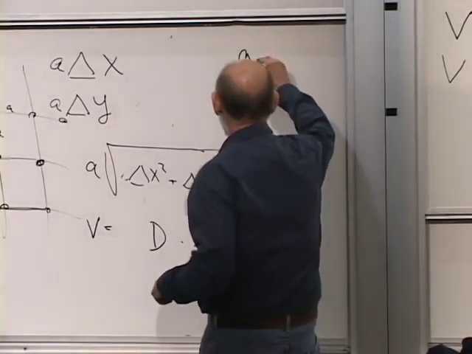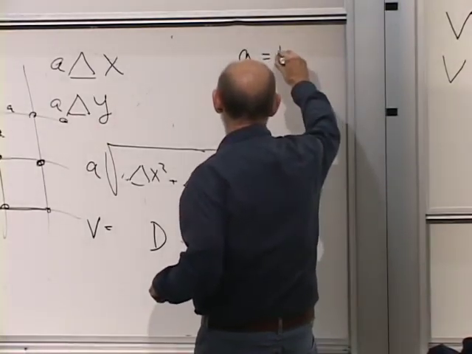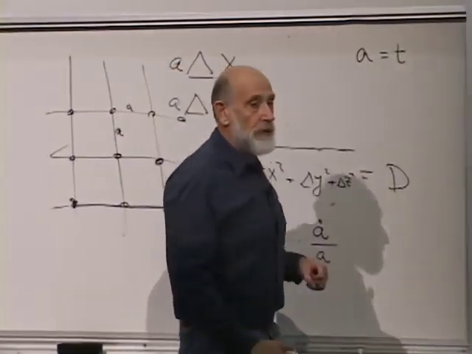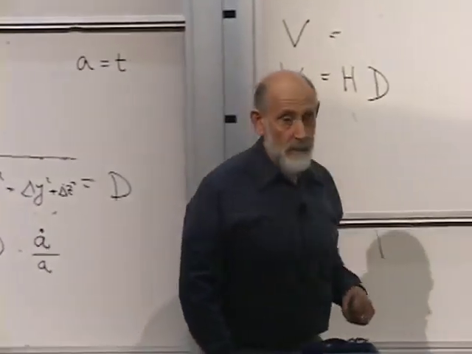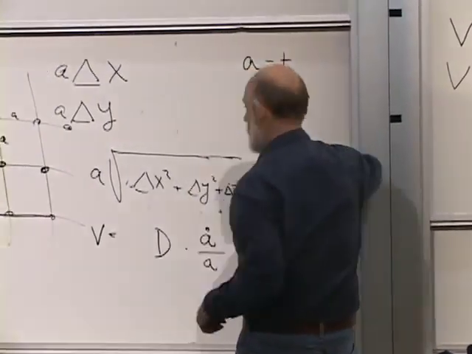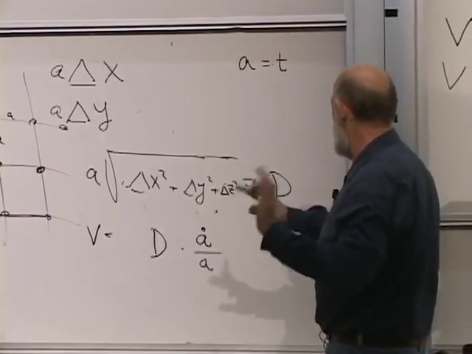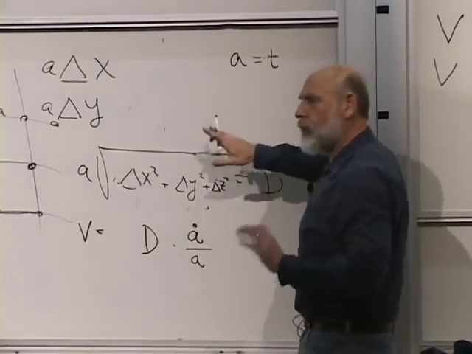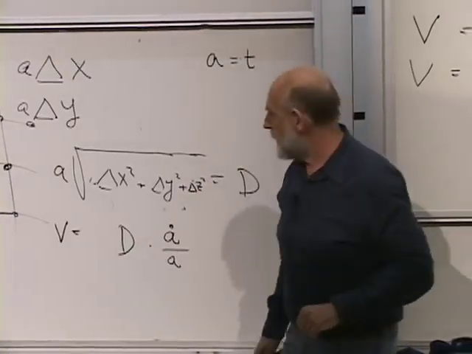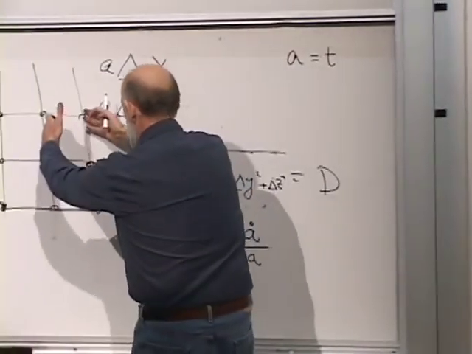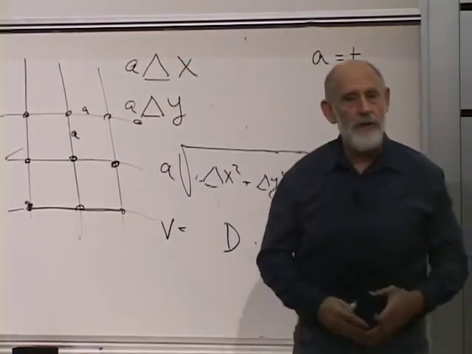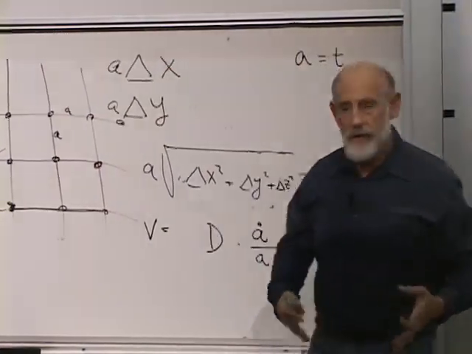Supposing A was simply proportional to time. The distance between two neighboring galaxies is just increasing with time, with some particular velocity. A was proportional to t. That's just each link here in this lattice of galaxies is increasing linearly with time.